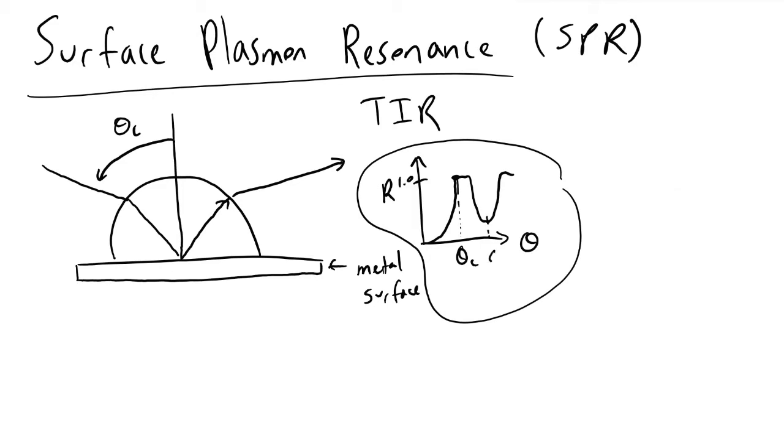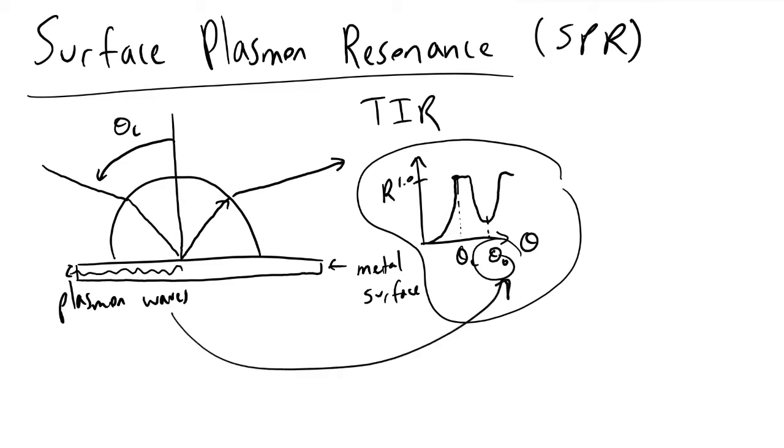And what happens at this theta, I'll call it theta naught, is a light ray that comes in and interfaces with the metal surface will generate something referred to as a plasmon wave. And these plasmon waves result in us seeing this theta naught value.